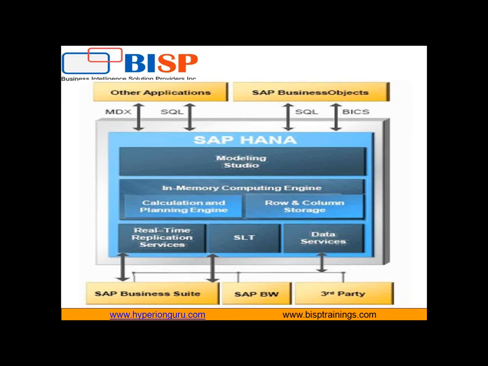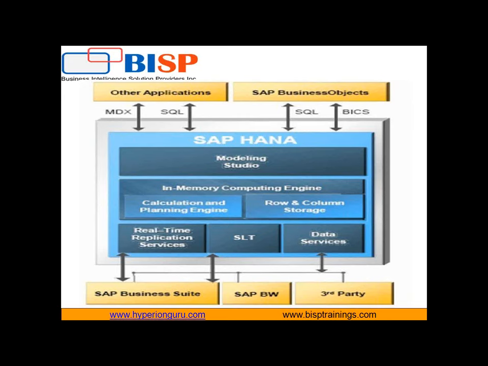And we have different source systems like SAP Business Suite, nothing but SAP ERP systems, SAP BW, and third-party systems, and third-party can be IBM DB2, MySQL, Informatica. There are other things too; we can extract the data as per the client requirement.